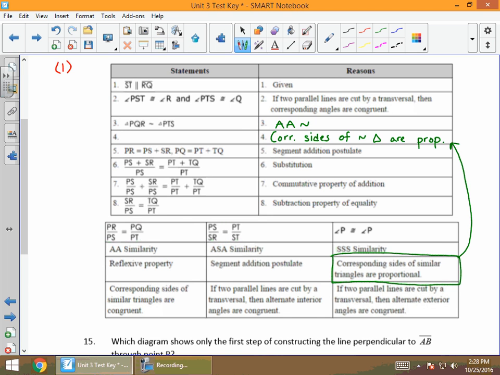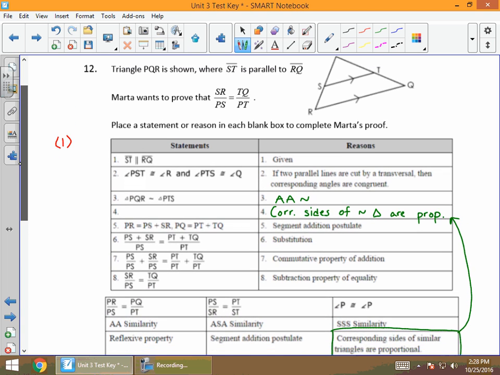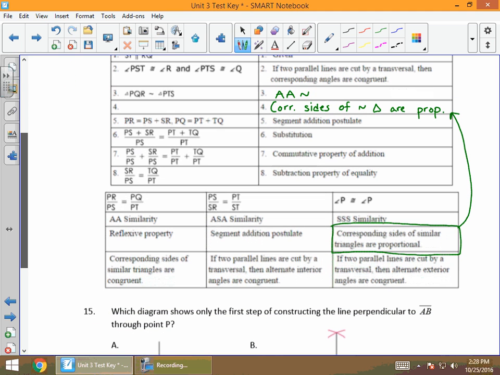So if I take a look back here at the triangles, and actually I can take a look right here at this statement in statement 3. PQ, QR, RP. The second one is PT, PS, SP. You have to pick 2 of them. So if I look at this first one, PR, which is the same as RP, and PS and SP, so this one is okay. PQ and PT, this one is okay.